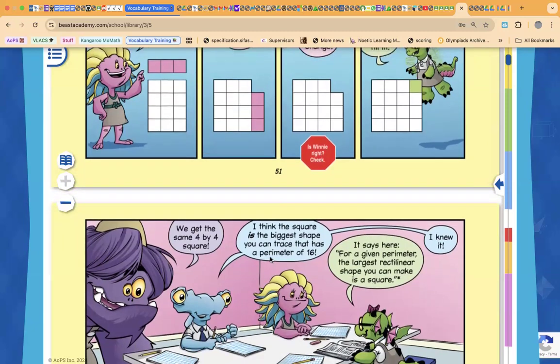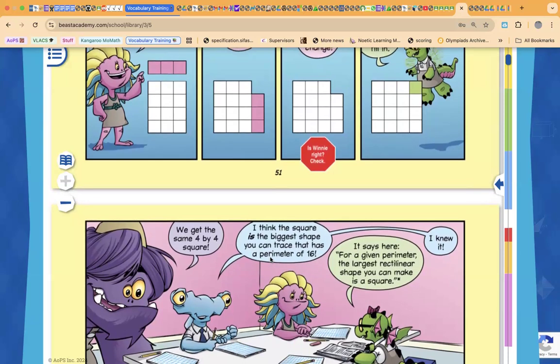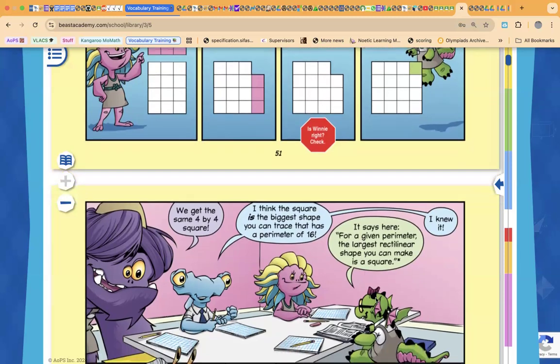I think the square is the biggest shape you can trace that has the perimeter of 16. The perimeter is the same, right? Whenever you get a square, that is the biggest area. For a given perimeter, the largest rectilinear shape you can make is a square.